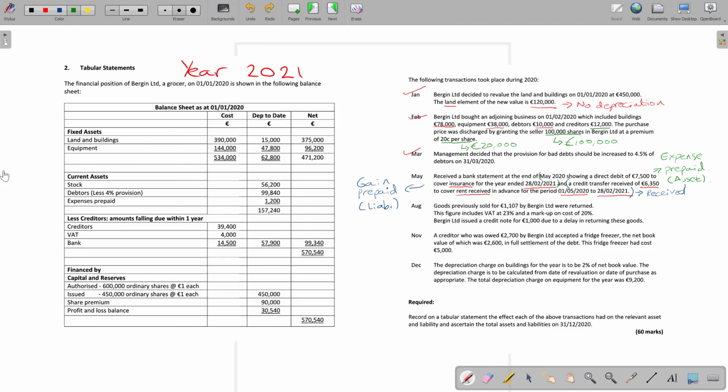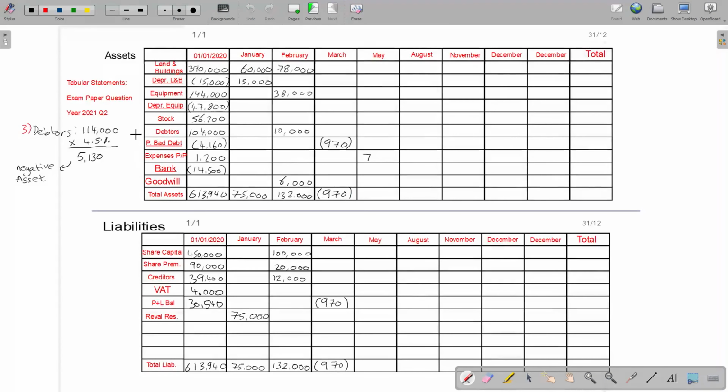In this case, it's insurance, so we do have to pay in advance, but it's seen as an asset because we now don't have to worry about paying this again until the very end of February next year. So that's an expense prepaid, whereas the other was a gain prepaid. We already have an expense prepaid in our balance sheet and in our tabular statement.